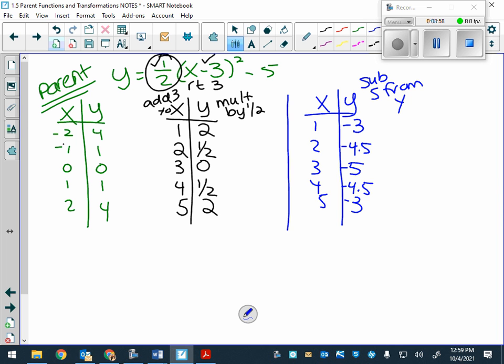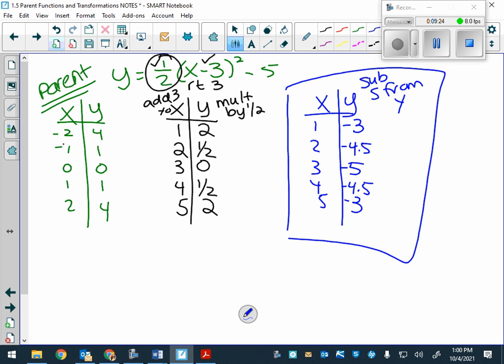So this way, you might get a scenario saying, okay, 1, 1. I need you to transform just that 1 point, vertical compression by 1/2, right 3 and down 5. You have to know what to do for that just 1 point. That's why I went through it step by step here. If you didn't write it down, okay.